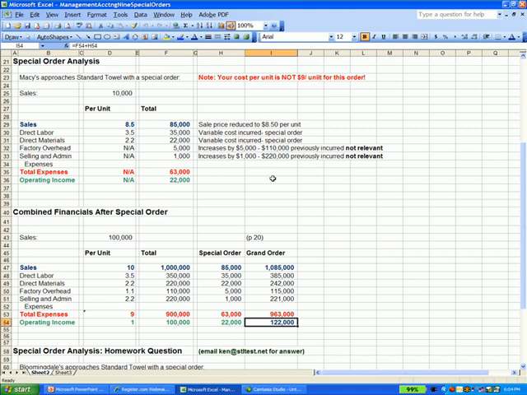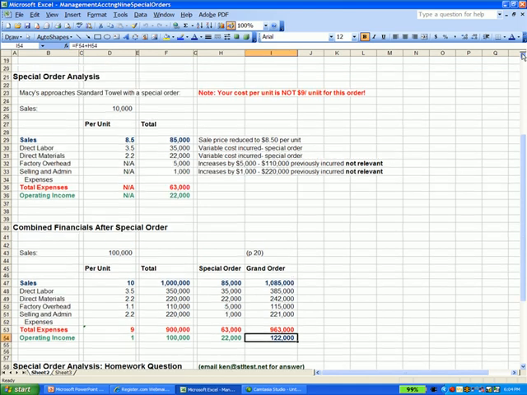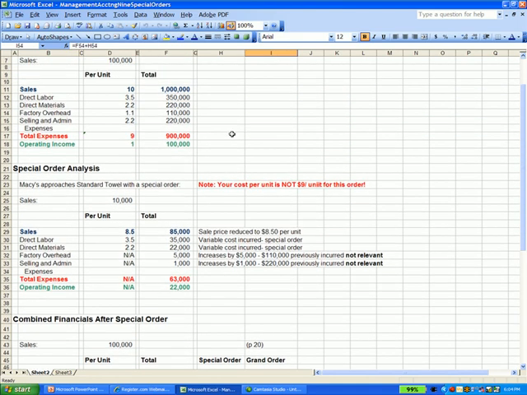The key to this problem is that the $110,000 that you've already incurred in factory overhead and the $220,000 in selling and admin has already occurred, and that is not relevant to your decision. Those costs, the 110 and the 220, related to the sales that happened before.